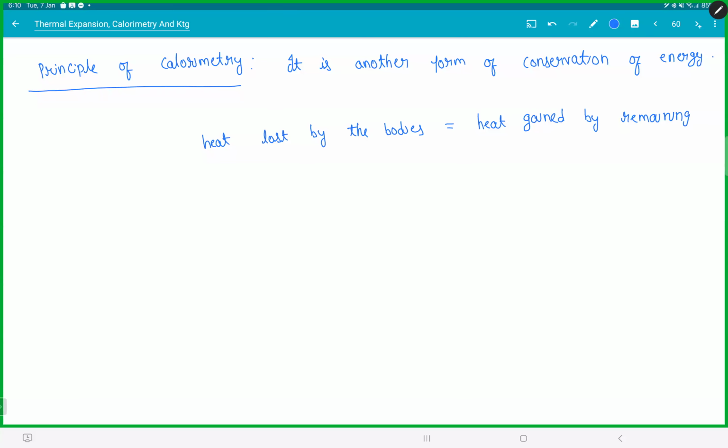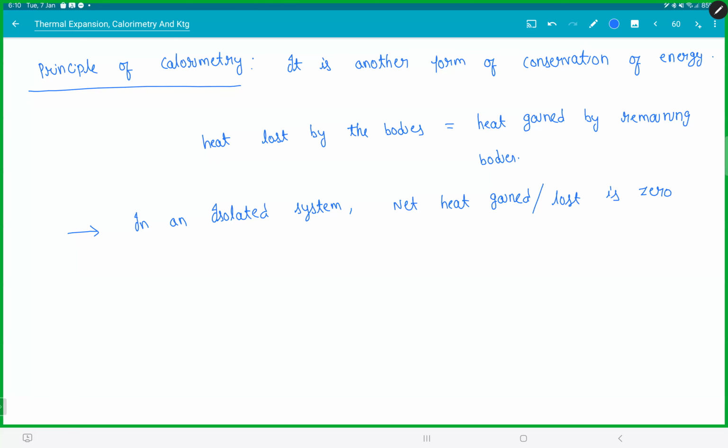Kind of makes sense. In an isolated system, the energy can't go anywhere. Now, there's another way of writing the same thing. In an isolated system, the net heat is zero. If you say isolated, meaning heat can't come in, heat can't go out. So the net heat gained or the net heat lost is zero. Clear with this?